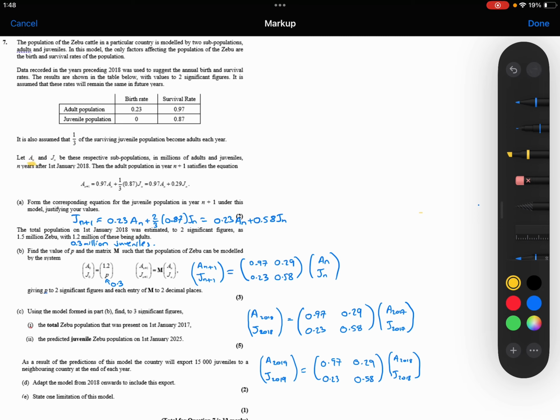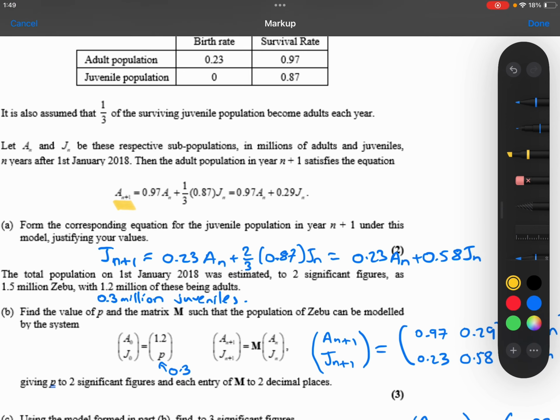Let AN and JN be the respective subpopulations in millions of adults and juveniles n years after the 1st of January 2018. Then the adult population in year n+1 satisfies this equation. So this equation is showing that adults in the next year, hence why it's n+1, is equal to 0.97 times the adults of the previous year.